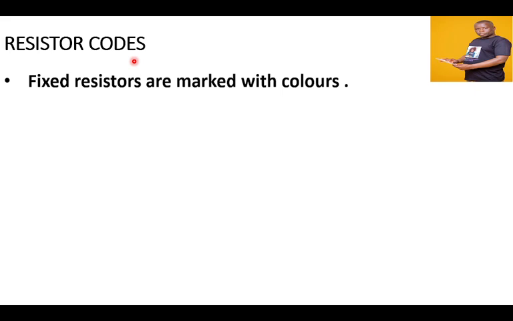When you are given a fixed resistor, look at it closely, you find that there are colors on it. We call them color codes or bands, as they are sometimes called. You can use those codes to determine the exact resistance which such a resistor would subject to the electrical current flowing through it.